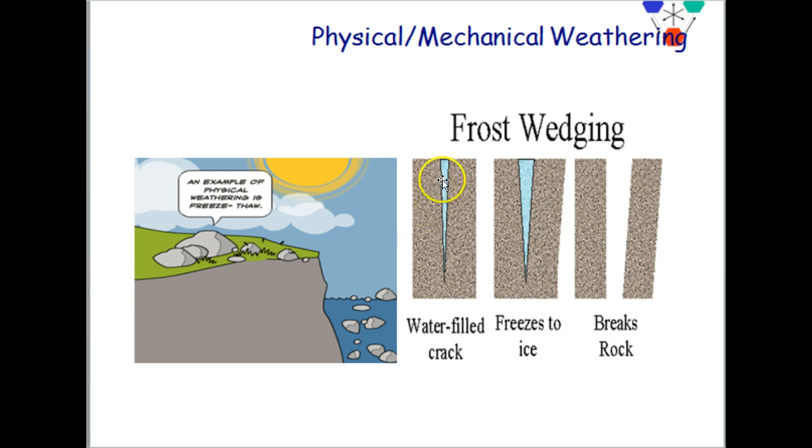You see water now seeping into the cracks in the rocks. We also know that water expands when it freezes. So this water starts to freeze and expands, and then it breaks apart the rock into sediments. So that's called frost wedging. Get that in your notes.